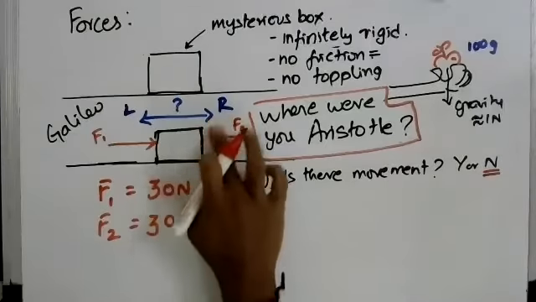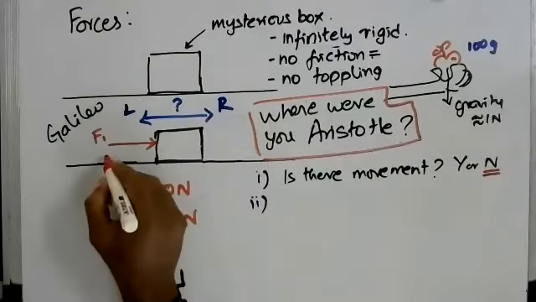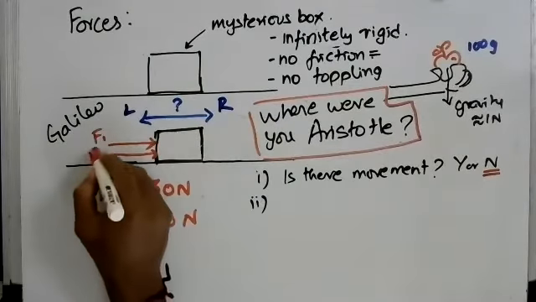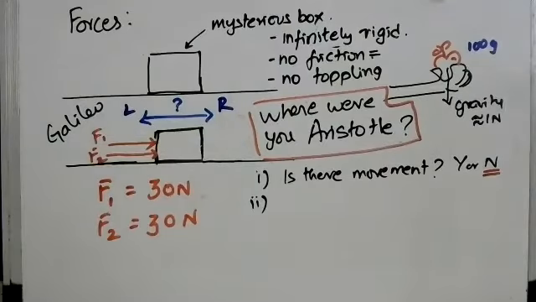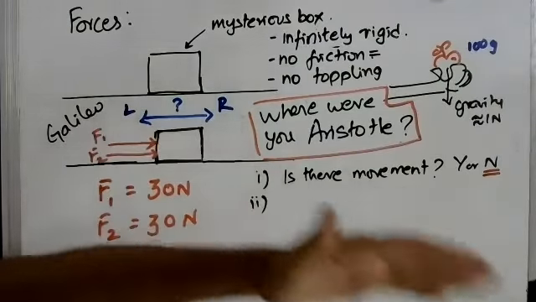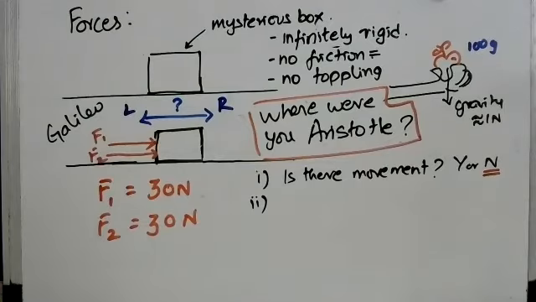But if I say that F1 and F2 both are acting in the same direction, then it'll move to the right, because the resultant force will be 60 newtons. So there is nothing right or wrong; I have not given the situation.